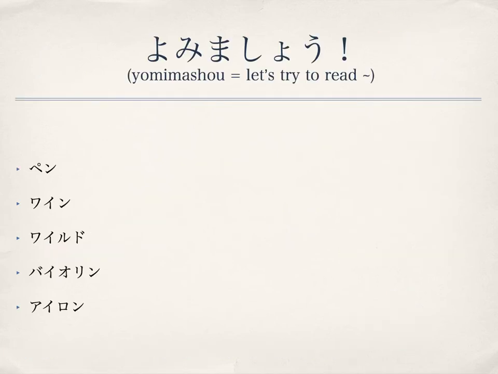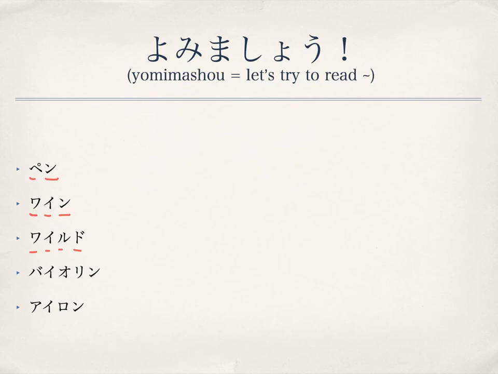じゃあ読みましょうか. Pause the video and see if you can read these words and perhaps guess what they mean. これはペン. Wa, i, wine. Wa, i, ru, do, wild, wildo.